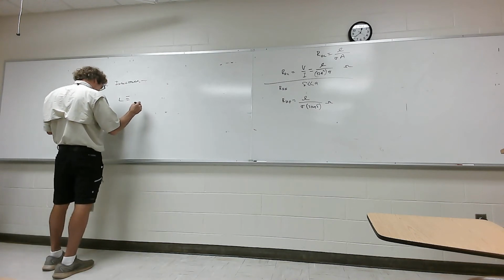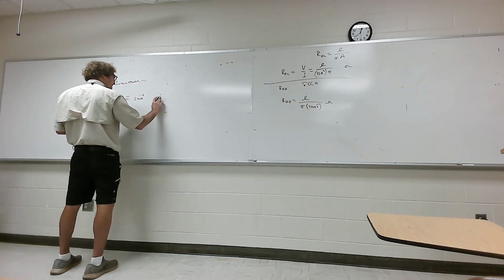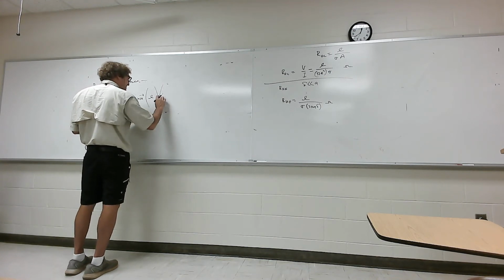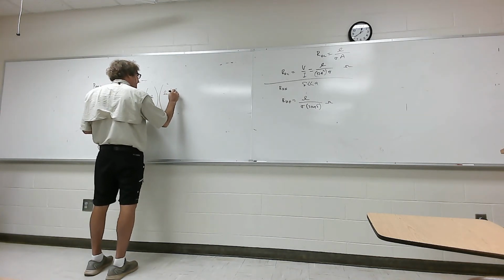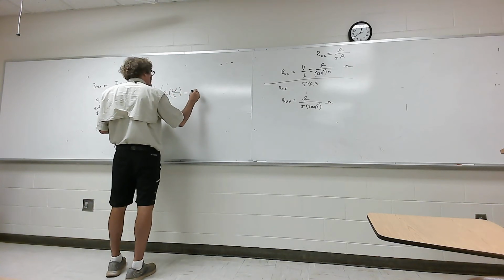L external can be approximated as, and he uses this form, 10 to the minus 7, times L, the length of the wire, times the natural log of 2L over the radius of the wire, minus 1.